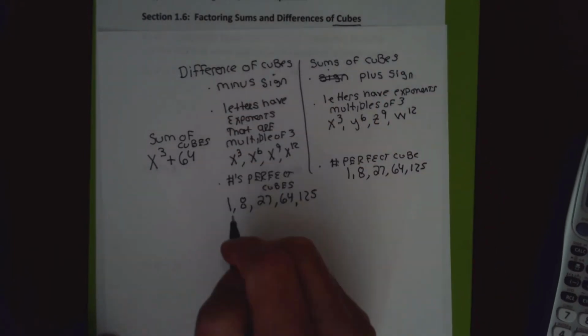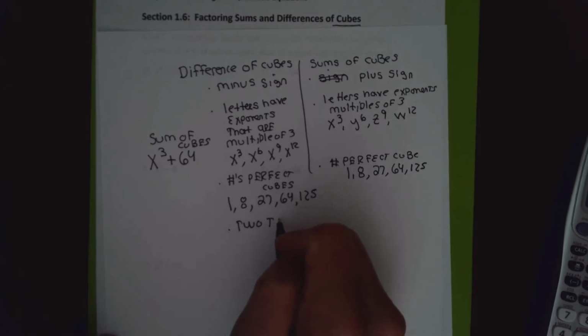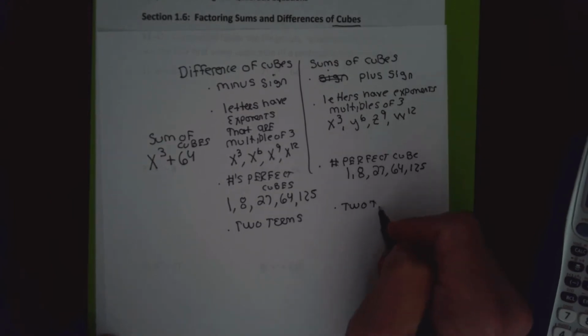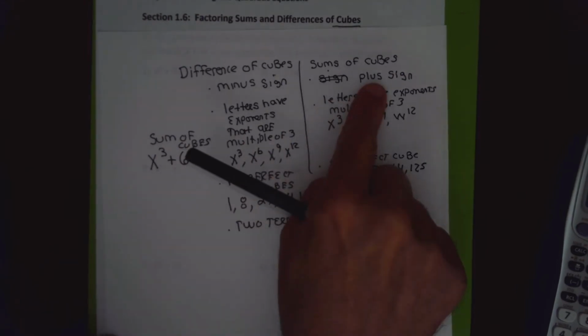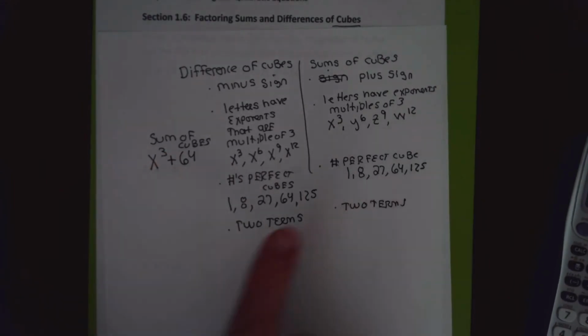You need two terms. I can't classify something as a sum of cubes or a difference of cubes if there are other than two terms. So this has two terms, there's a plus sign between, the letter has an exponent of 3, which is a multiple of 3, and 64 turns out to be a perfect cube.